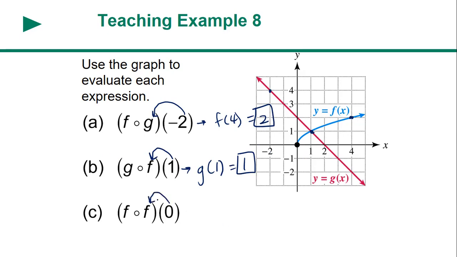I'm going to go to 0 and go to 0, and I get 0, and then I go to 0 again, and I get 0. How do you feel about compositions with a graph? Doable? Okay, it works the same with the table. You just bounce around.